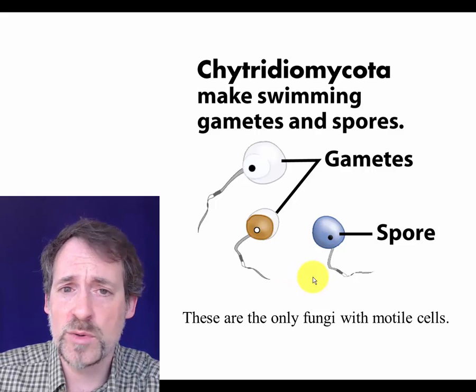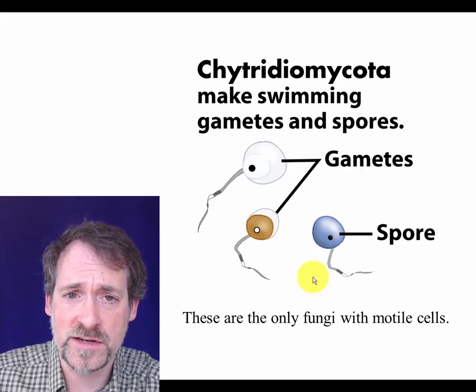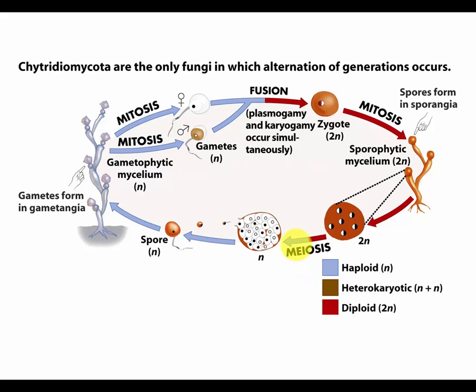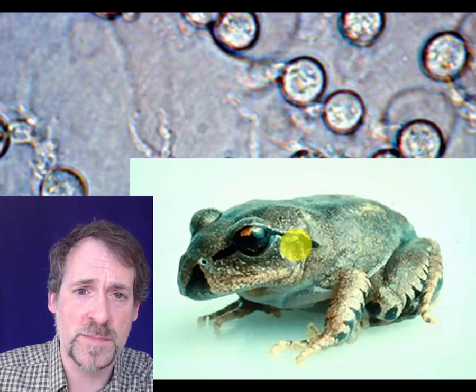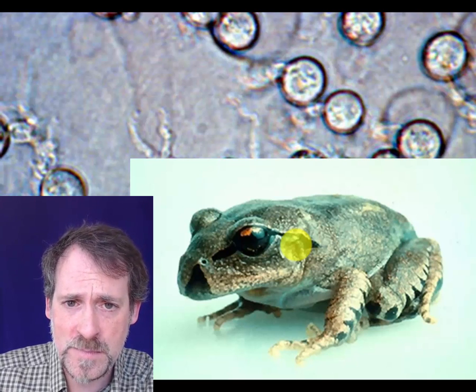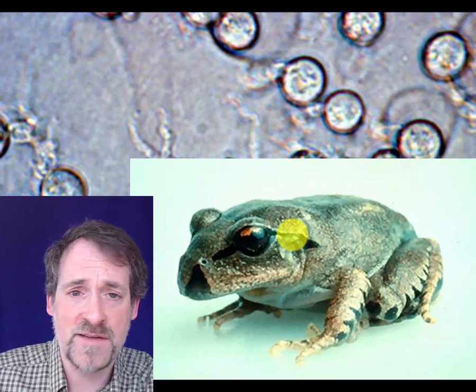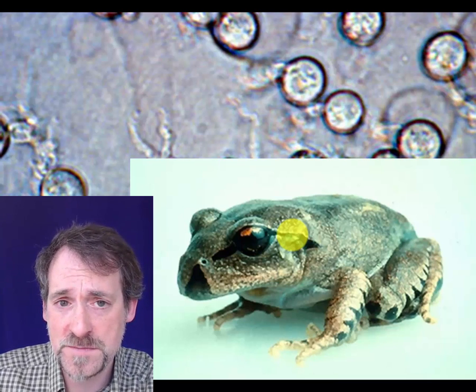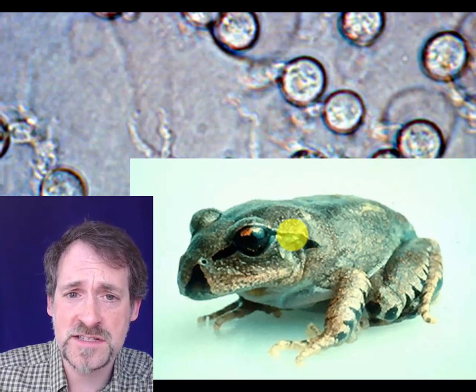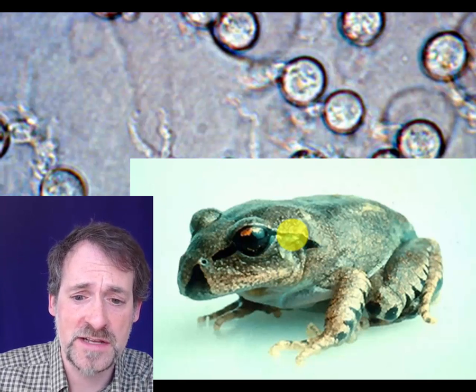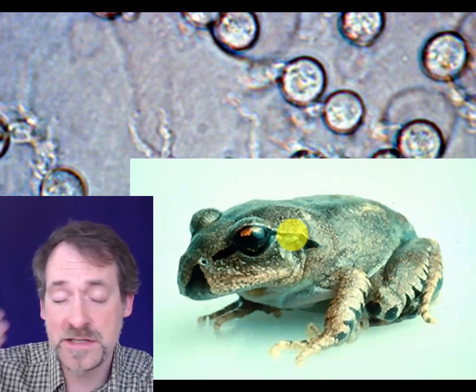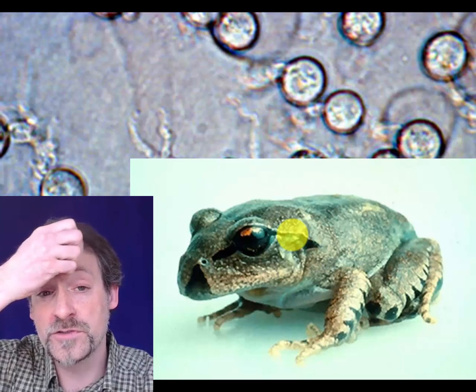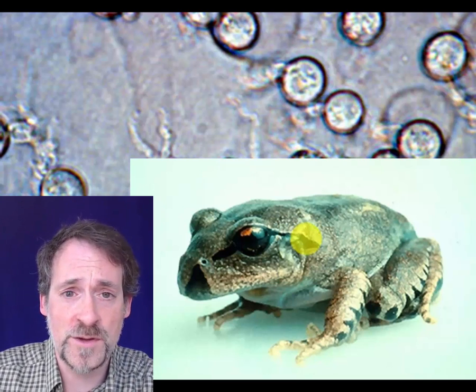They're ecologically important as decomposers in some aquatic areas, but the thing that's most important about them today is that they are devastating the world's amphibians. There are chytrid fungi that can infiltrate the skin of amphibia.